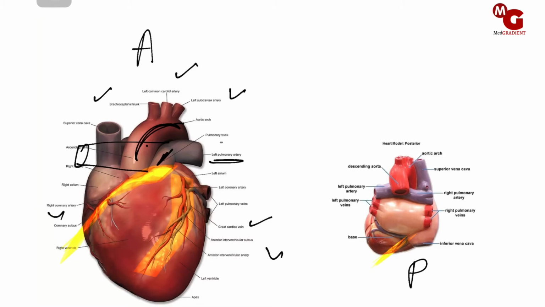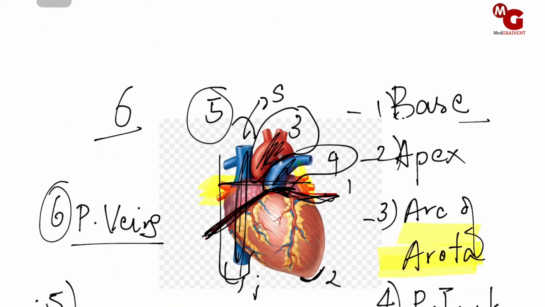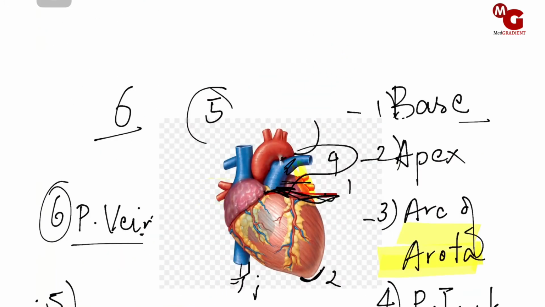So let's also learn something which is called the chambers of the heart. Very basic thing which we have been learning from our 8th grade. But externally, how do you see it? If you go back to the previous image, let me clean it a bit.